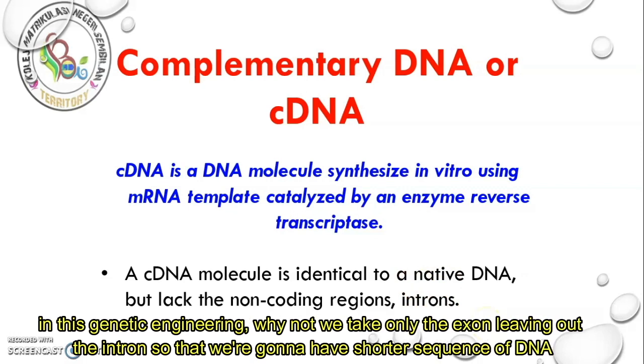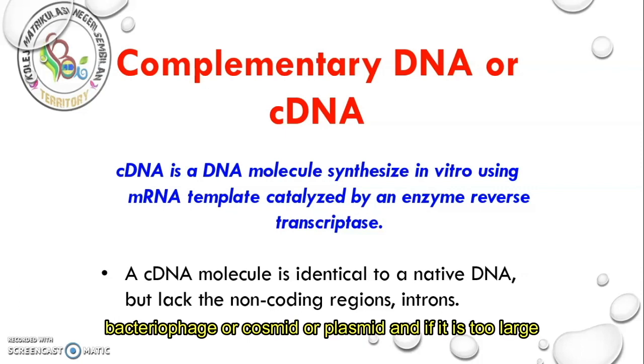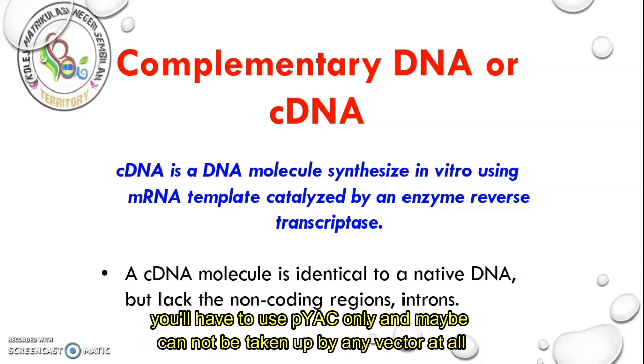In this genetic engineering, why not we take only the exon, leaving out the intron, so that we're gonna have a shorter sequence of DNA that can be inserted into more vectors, bacteriophage or cosmid or plasmid? If it is too large, you have to use the YAC only, and maybe it cannot be taken up by any vector at all.